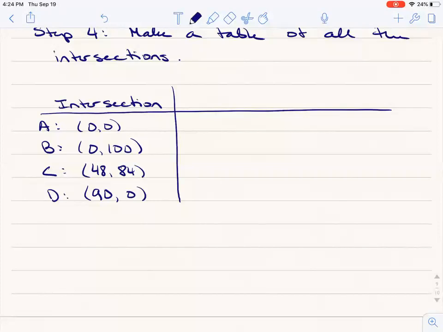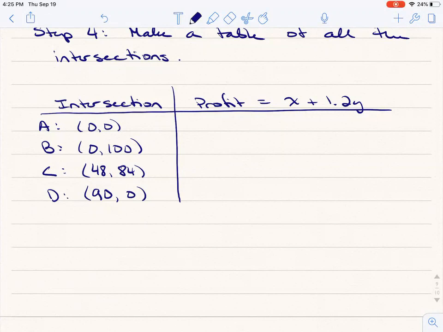This is when we bring in our profit function, right? We've left it alone for so long now, I don't even remember what it is, but luckily I have it here. So the profit was x plus 1.2y. All right, so now we plug away and calculate. We're just going to plug away and find these profits, right?